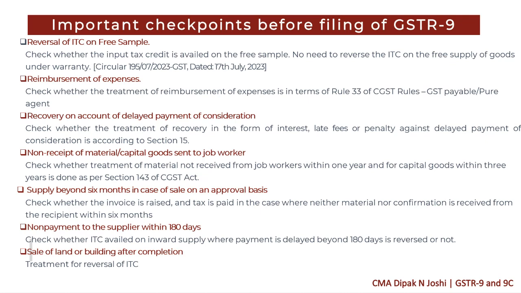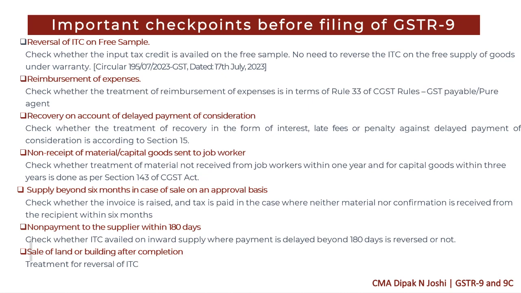The first exceptional item is reversal of ITC on free samples. Now section 17(5) states that in case of supply of goods as free samples, a registered person is required to reverse proportionate credit on such free samples. So whatever credit you have availed on such free samples, you are required to reverse.